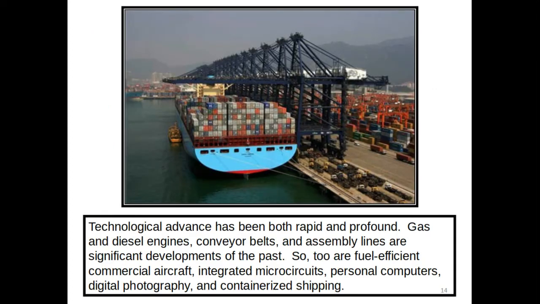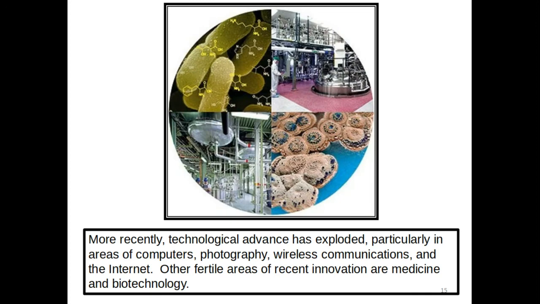Technological advance has been rapid and profound, especially in the past 20, 30, 40 years. It's really increased since 1995, as we saw in our earlier graph. Most recent technological advances exploded in biotech and medicine areas, wireless communication, computers, and those sorts of things.